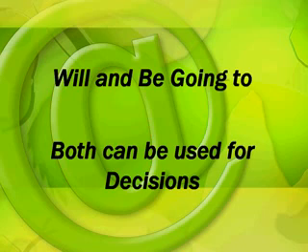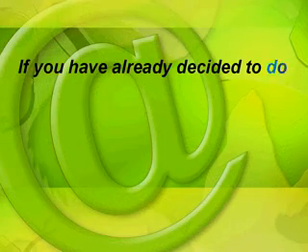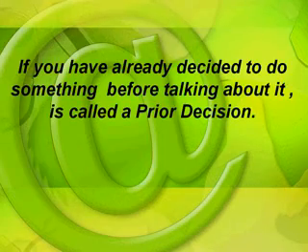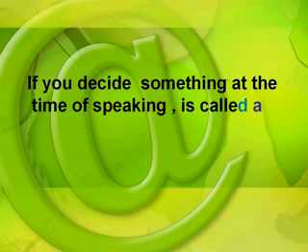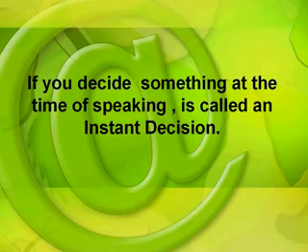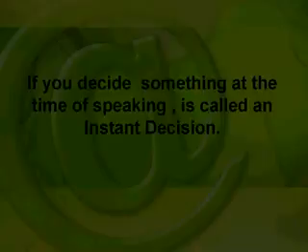If you're talking about your decisions, your plans, you can use will and be going to for that, but there is a little difference between them. If you have already decided to do something before talking about it, it is called a prior decision. And if you decide something at the time of speaking, it is called an instant decision.